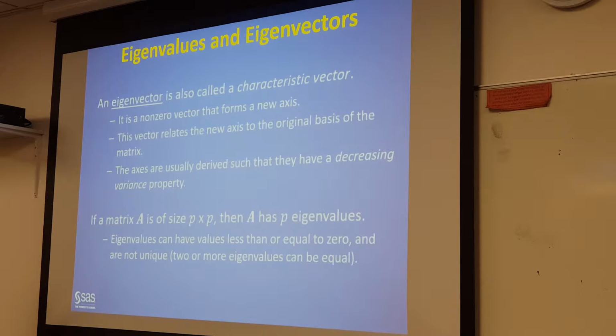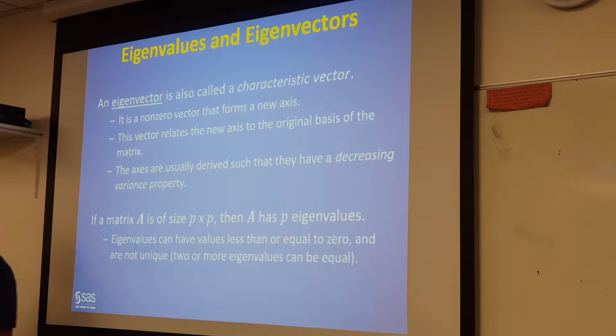So if a matrix A is of size P by P, it has P eigenvalues. Eigenvalues can have values less than or equal to 0, and they're not unique. So you can have negative eigenvalues.